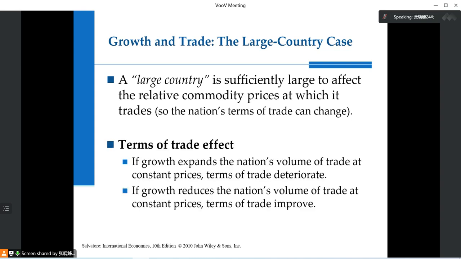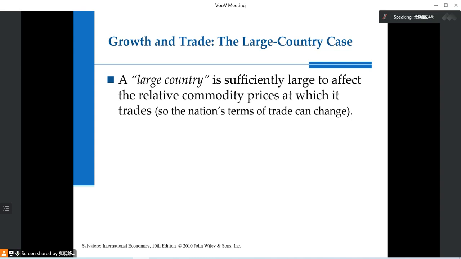What is a large country? A large country is sufficiently large to affect the relative commodity price at which it trades.